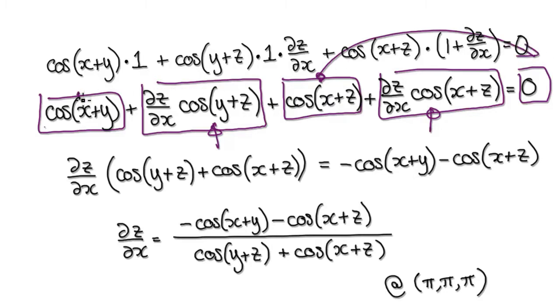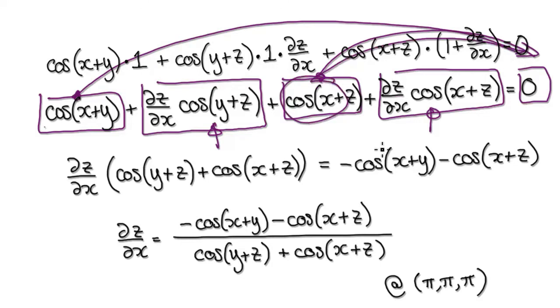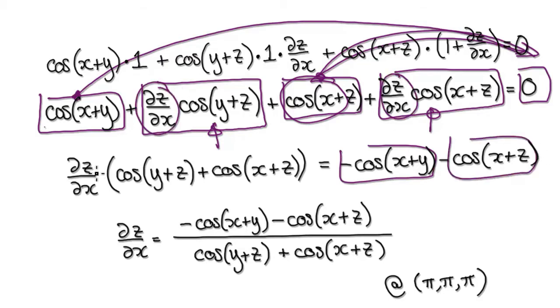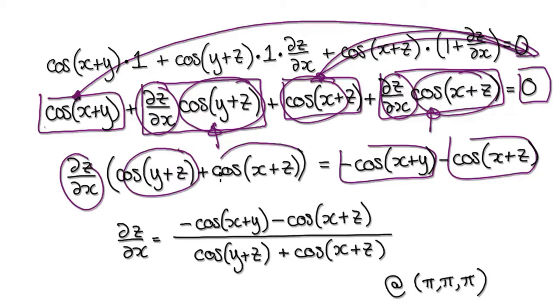So take away cos x plus y, and then take away this block to the other side. That will then give you this, and then factorize out the partial derivative of z with respect to x. So this thing here will then give you this, and then this thing here will then give you this.